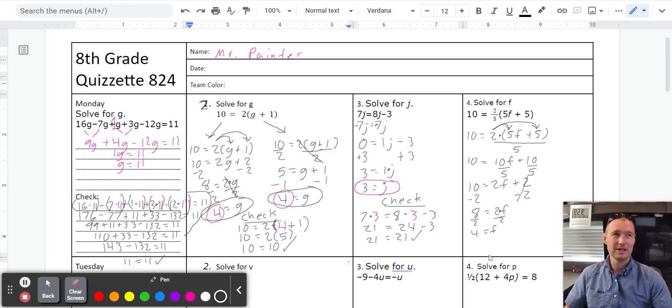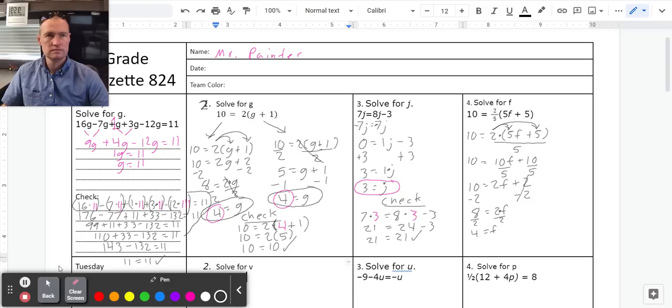Fantastic. Now you're probably thinking, well, can we do the check? Well, absolutely. Here we go. All right, so for the check, we're going to go ahead and use our right column here. Remember, both sides need to be equal is what we're looking for. Remember, the only thing we're going to do is change f into a 4. And if it works out, both sides are equal, then we know we did our job.